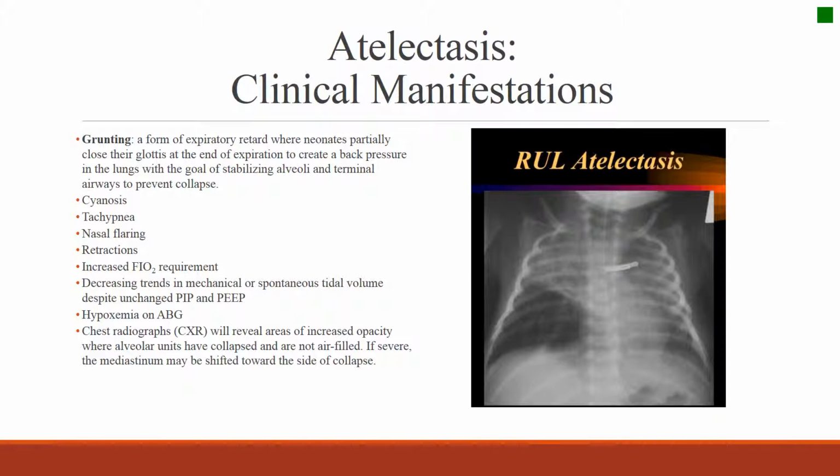If severe, the mediastinum may be shifted towards the collapsed side. Remember, the key features of respiratory distress in a neonate includes tachypnea, nasal flaring, retractions, and grunting.